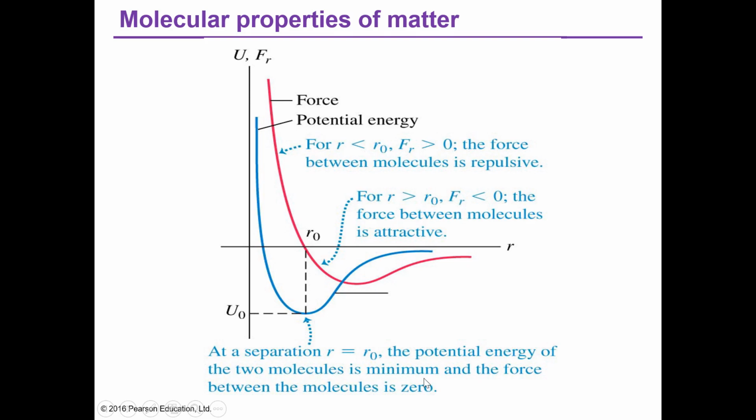It is a minimum value. So take note at this point, when r is equal to r naught, there is no force between the two molecules. Okay? We also call this one a potential well.